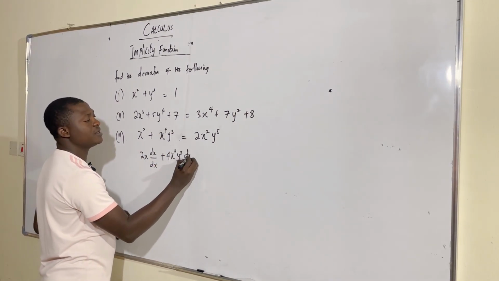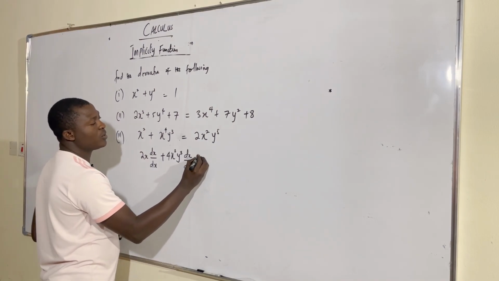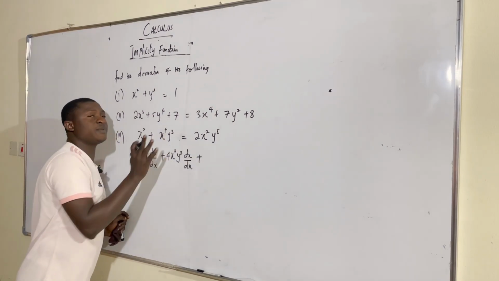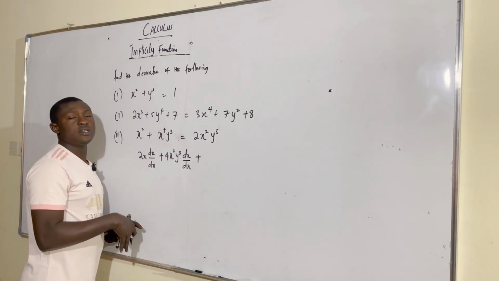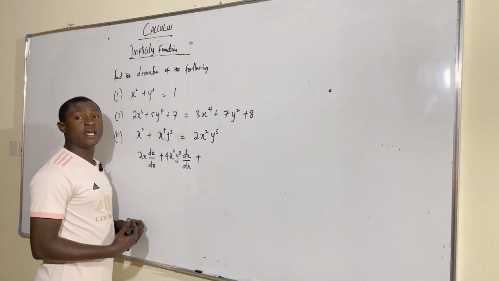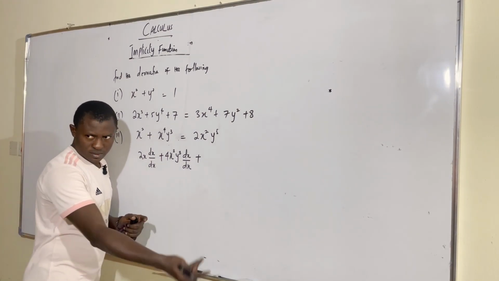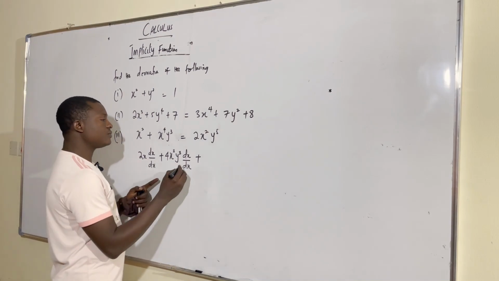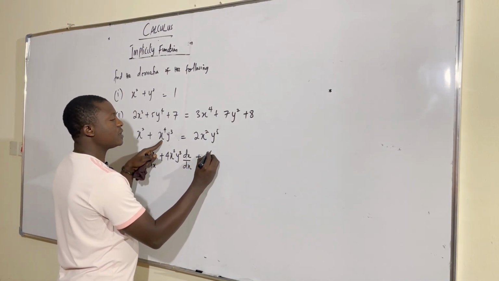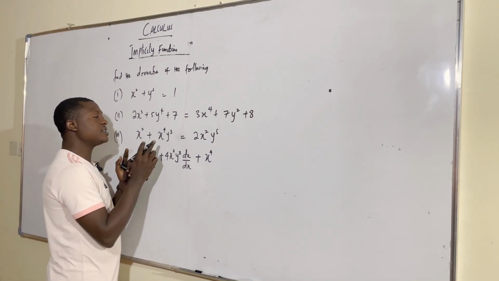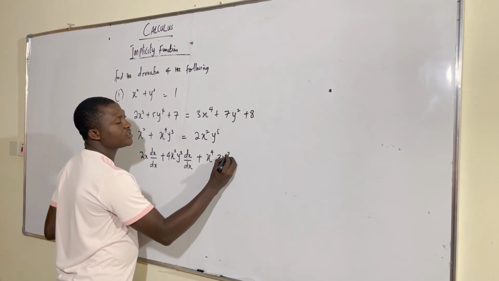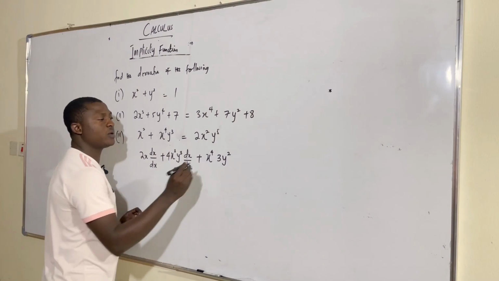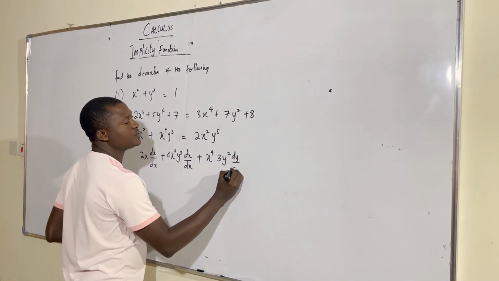Then we have dx, plus the same problem with respect to y now. You firstly do it with respect to x, followed by with respect to y, or if you like, with respect to y, then with respect to x. So now I cover x, meaning I do not touch x. Differential of y cubed, we are going to have 3y squared. And mind you, whenever we differentiate with respect to y, we know we are going to have dy/dx.